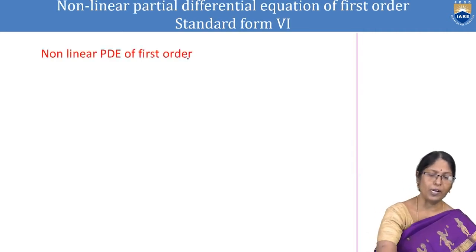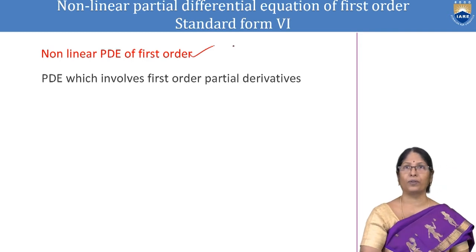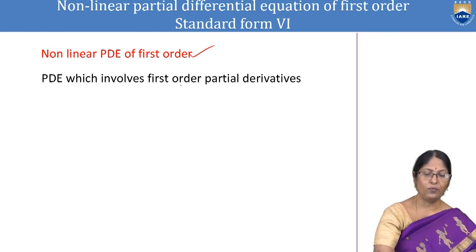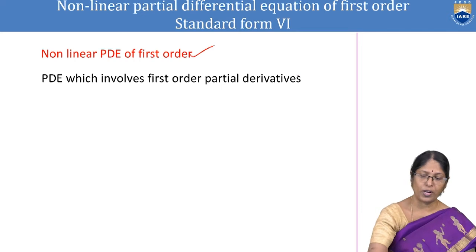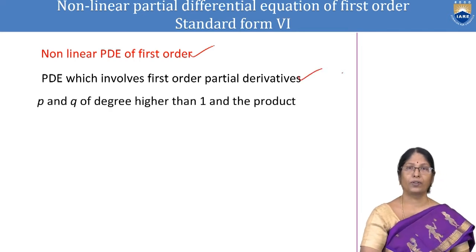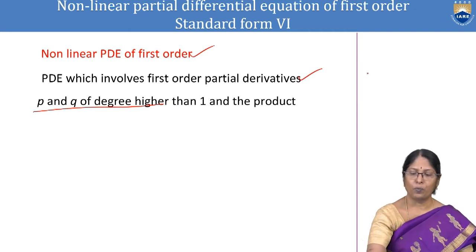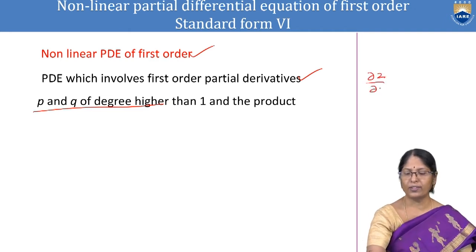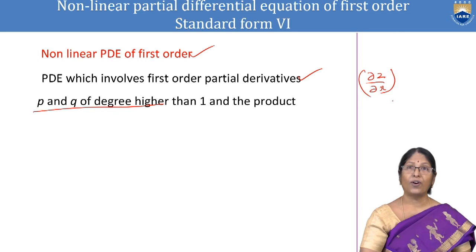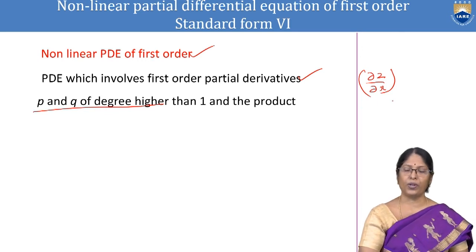So, nonlinear PDE of first order: the PDE which involves first order partial derivatives, compulsorily p and q. If only dou z by dou x is there, it is a first order linear equation.